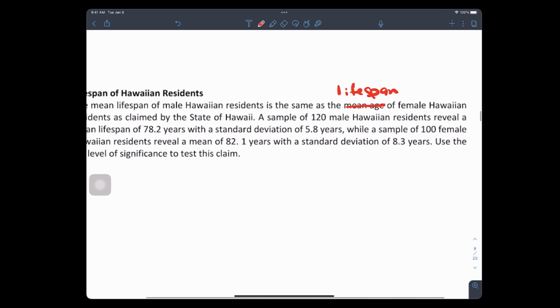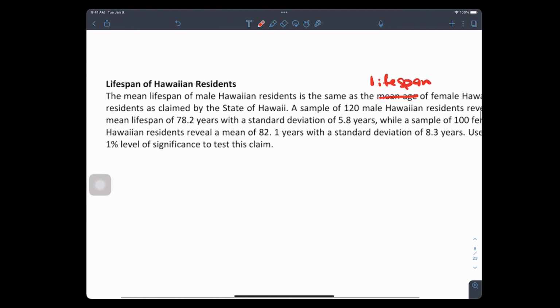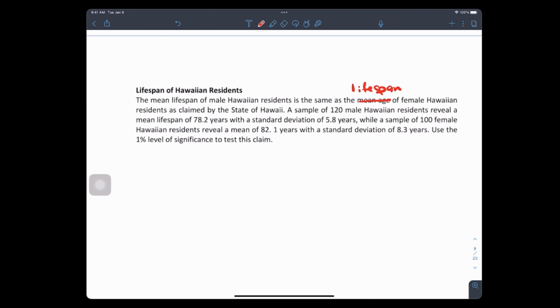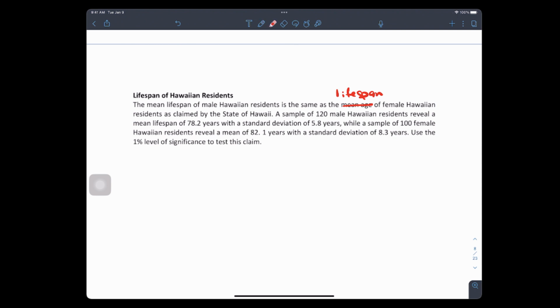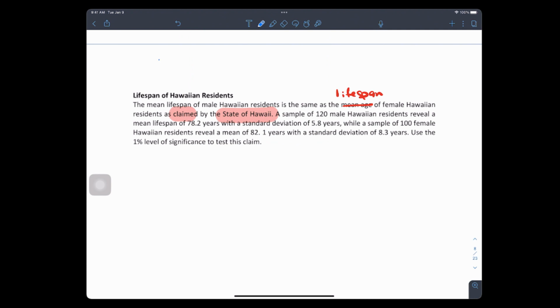So here's really what they're trying to say, and this is as claimed by the state of Hawaii. What they really are trying to say is that the mean lifespan for males is the same as the mean lifespan for females.